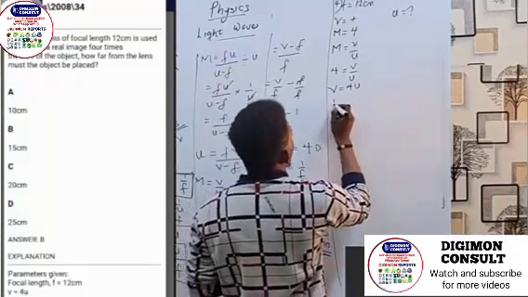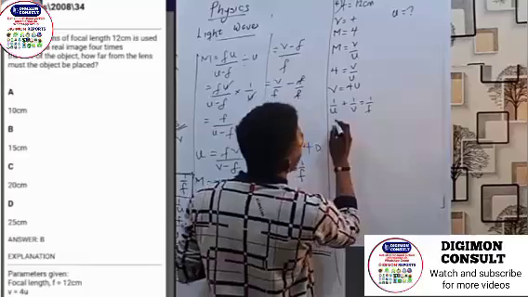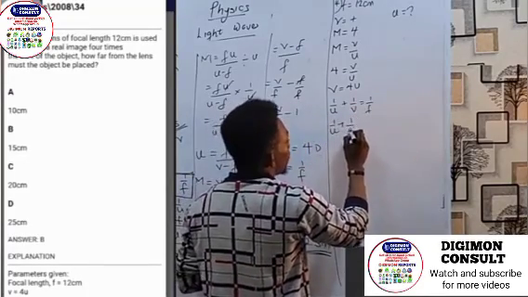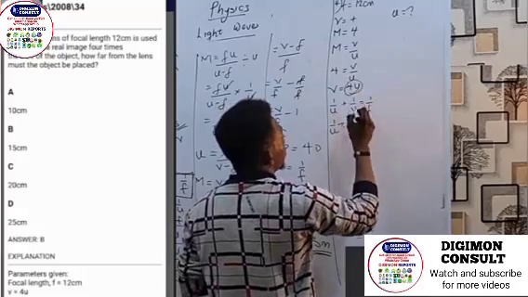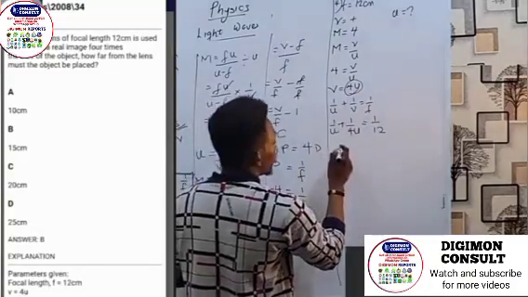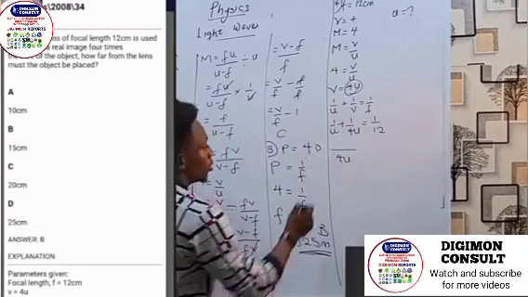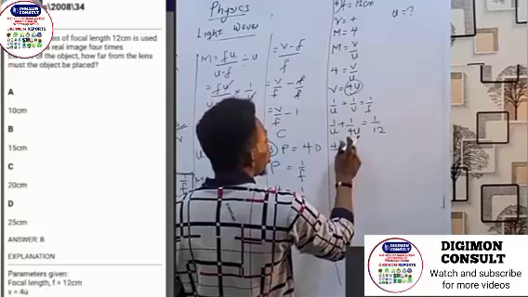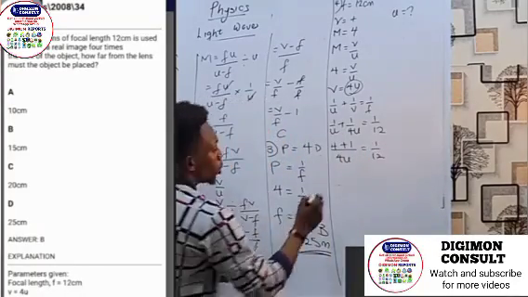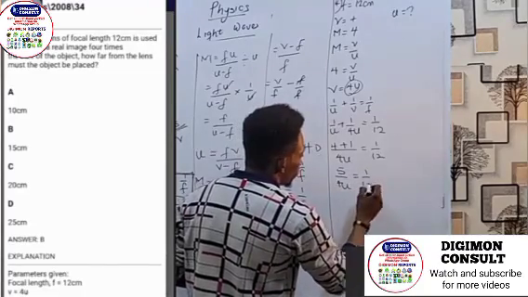So I go back to my formula, 1 over U plus 1 over V equals 1 over F. 1 over U, but instead of V right here, I shall now have 4U representing V, equals 1 over 12. Let's take the LCM here. That will be 4U. 4U into U is 4. And 4U into 4U is 1. 1 over 12. 4 plus 1 gives you 5. 5 over 4U equals 1 over 12.